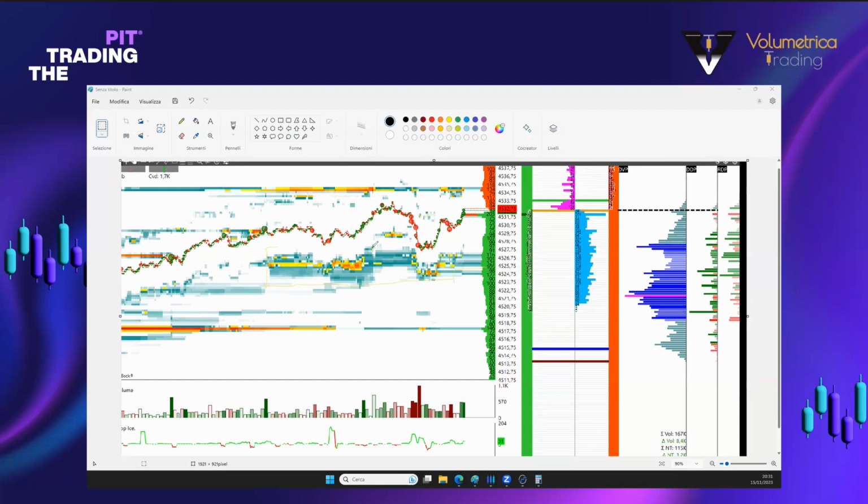It's likely, it's not sure, of course, it's not 100% sure, but it's likely to let price bounce on it. I have this one acting as a magnet for price.